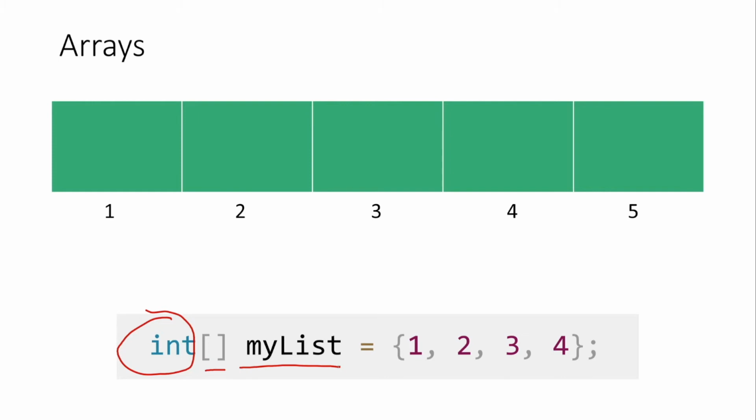And then you have all of the values, and they are within these curly brackets. So in this case, there is 1, 2, 3, and 4 stored in it. And remember, if you want the 0th element, then 1 is the 0th element, right? And then the first element is actually 2, and the second element is actually 3, and so on.